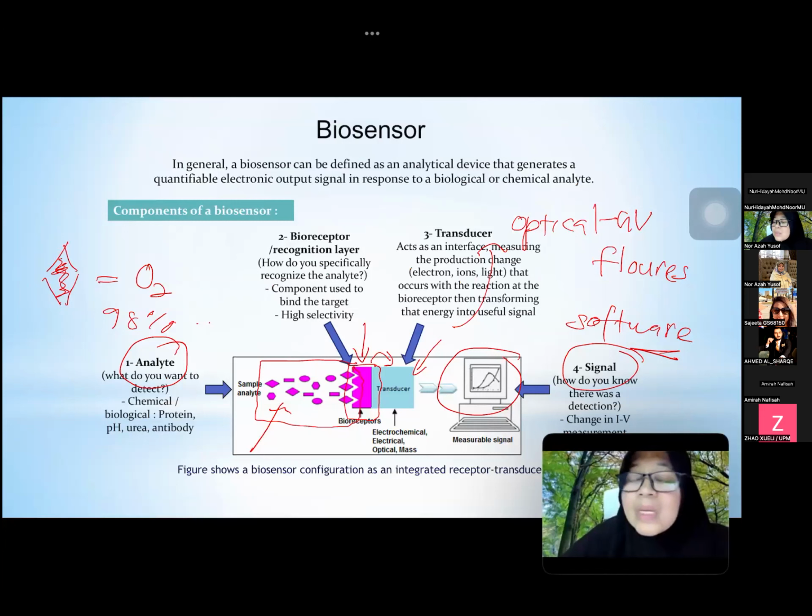Remember about this one? So now I'm asking you, what is the bioreceptor here? Anyone? What is the bioreceptor that we are using in the DNA biosensor?